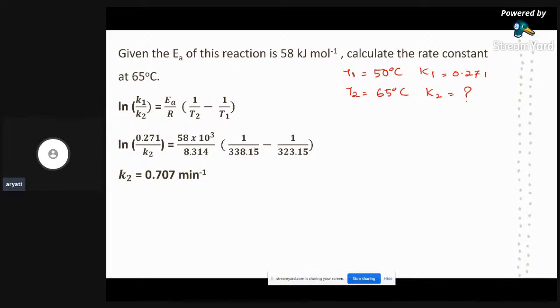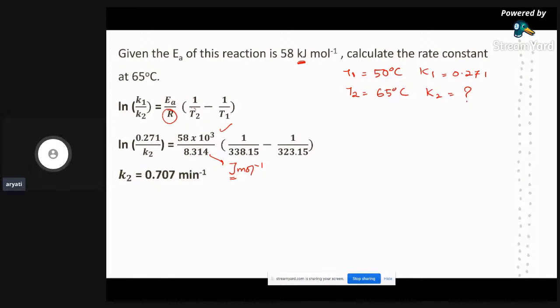So we want to calculate the value for K2. So by using the formula ln K1 over K2 equal to EA over R, 1 over T2 minus 1 over T1. So masukkan nilai. So okay, the value for R is 8.314 and the unit for R is joule per mole. So since the unit for R is in the unit of joule, so given the value of EA is in the unit kilojoule, so you need to convert kilojoule to joule. So the value of EA 58 kena times 10 to the power of 3.